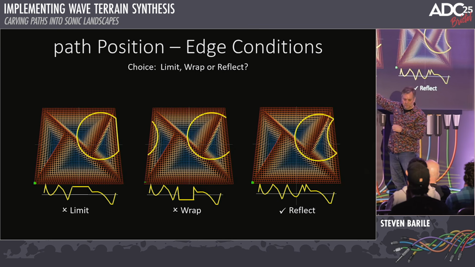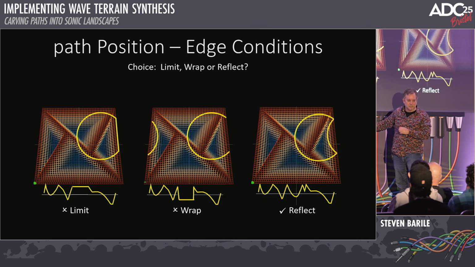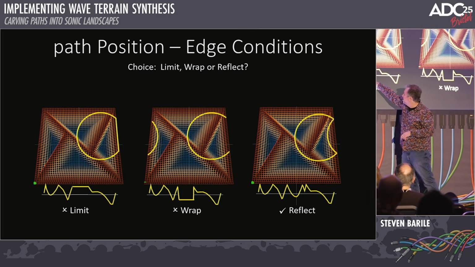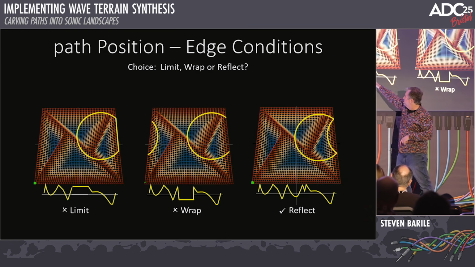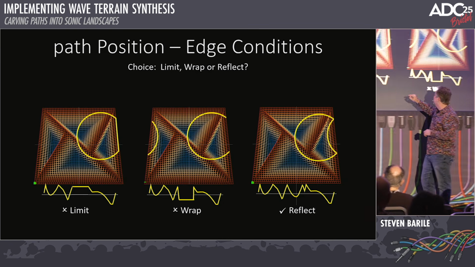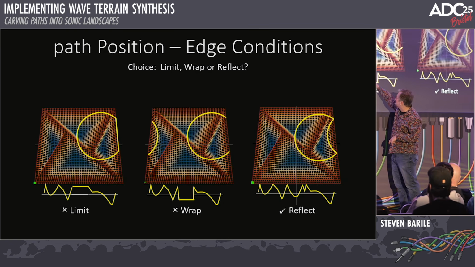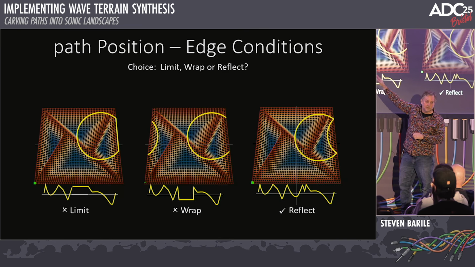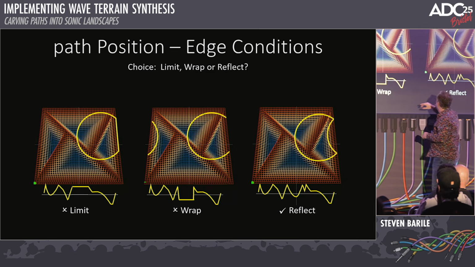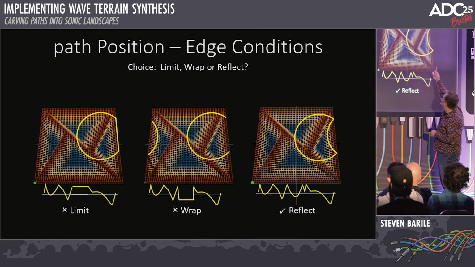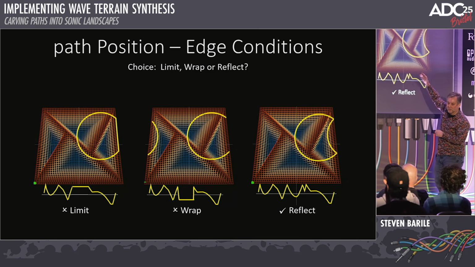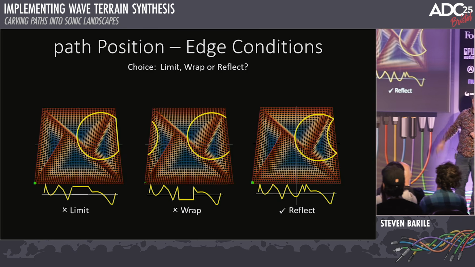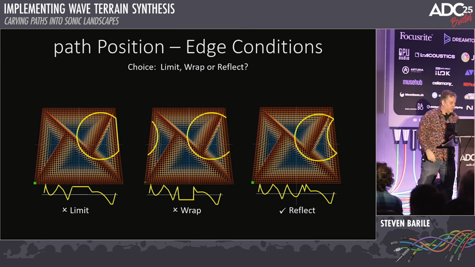I actually just drew some funny lines in there to depict what would happen. Obviously, somewhere along this waveform, when you hit the edge, you're just going to get a flat point. This one, you can get a giant discontinuity because the other side isn't necessarily reflective of this side. But when you reflect, it's more continuous because it's similar data, especially right at the point where the reflection happens on the edge. So that's the method that we chose.